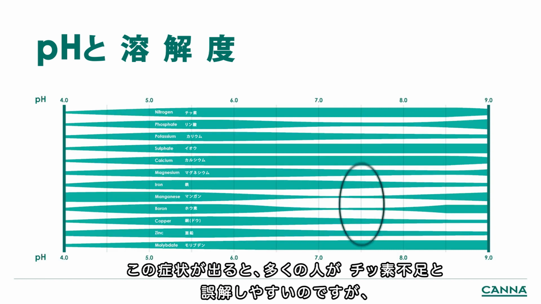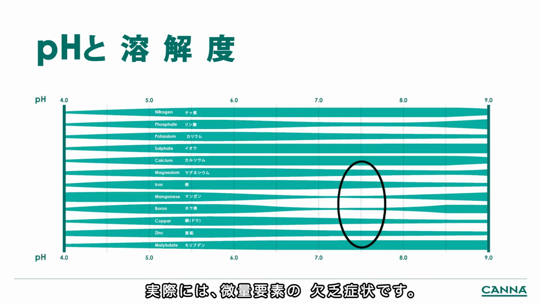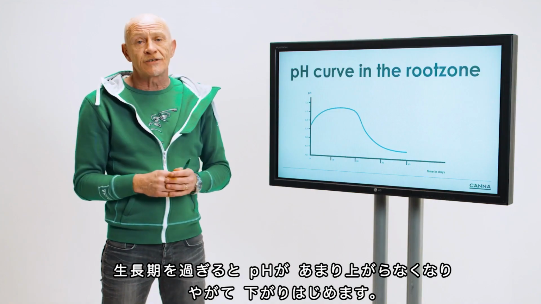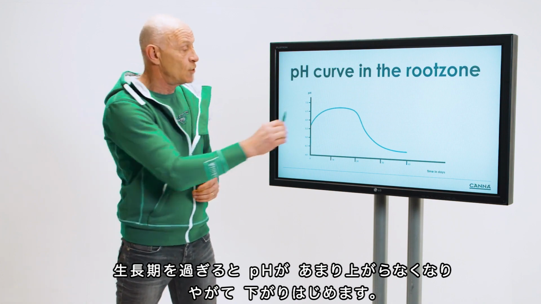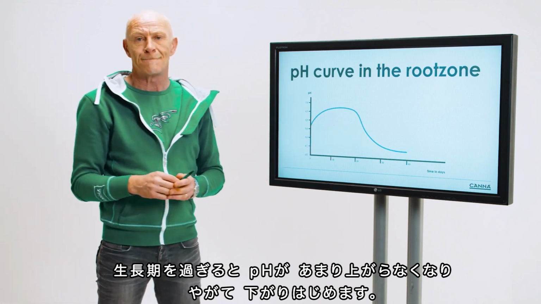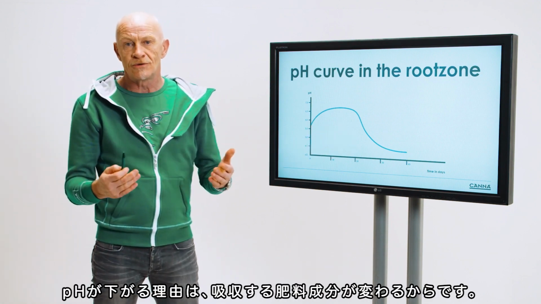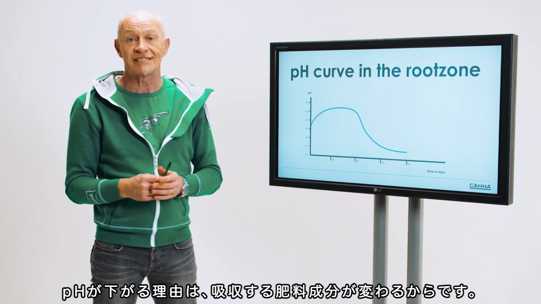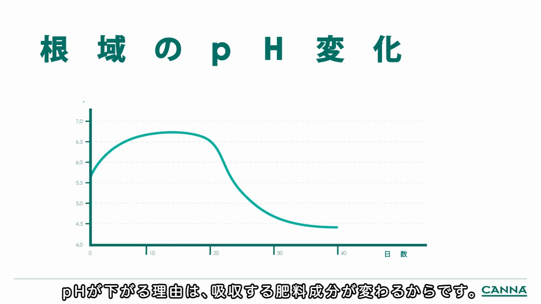Although a lot of people call it a deficiency of nitrogen, actually it's the deficiency of trace elements. After the vegetative phase, you will see it will flatten out and it goes even backwards. The reason that it goes backwards is that the balance comes from the high level back to a lower level again.